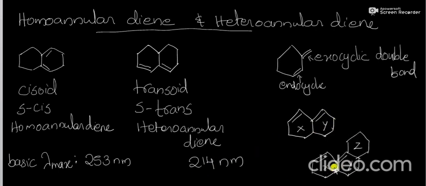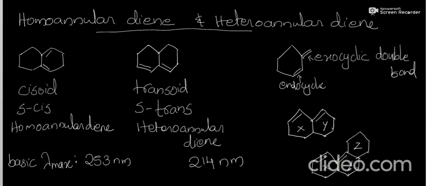It has three rings X, Y and Z. Here this double bond is endocyclic to ring Y, and it is exocyclic to two rings, X and Z, which means that it is equivalent to two exocyclic double bonds.